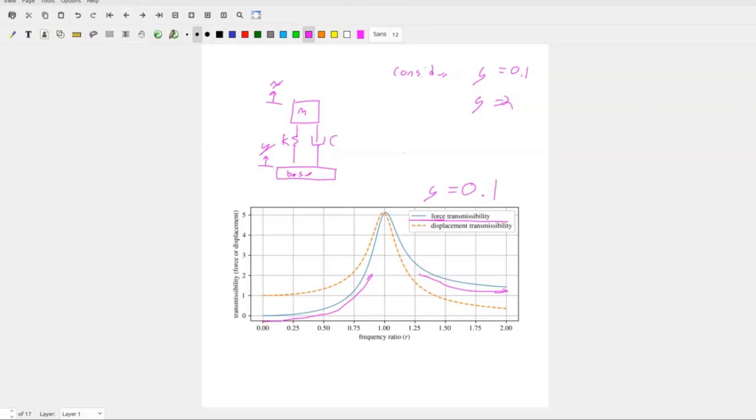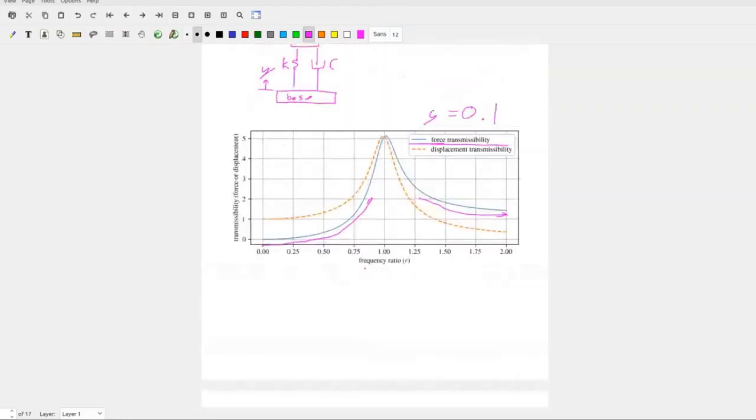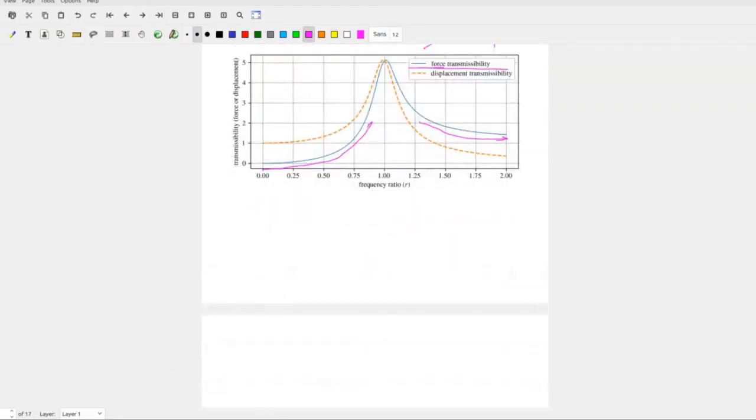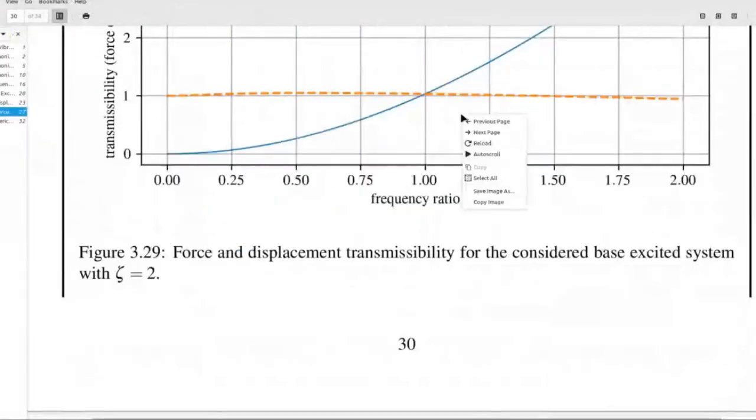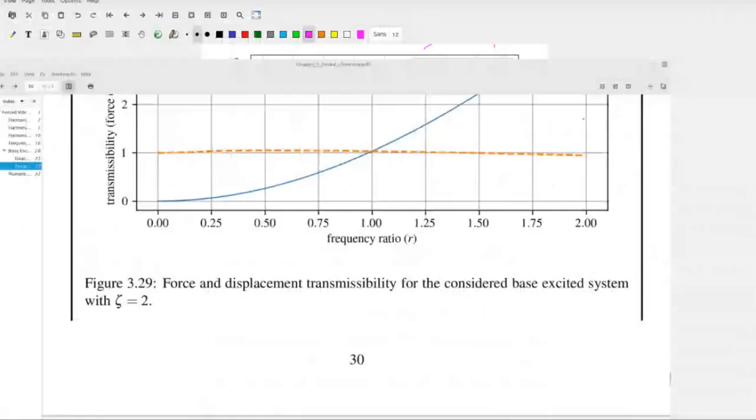What about for an overdamped case? Anyone want to take a guess at that? So for an overdamped case, again, we have this.